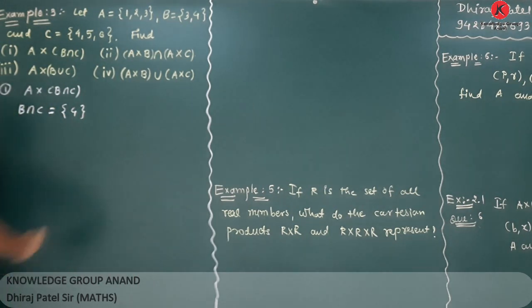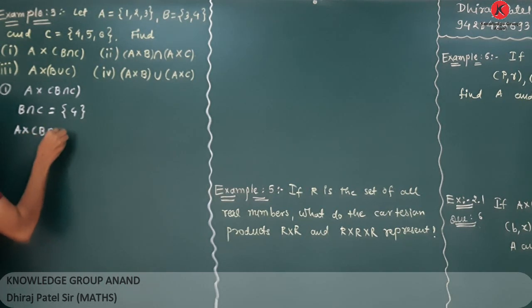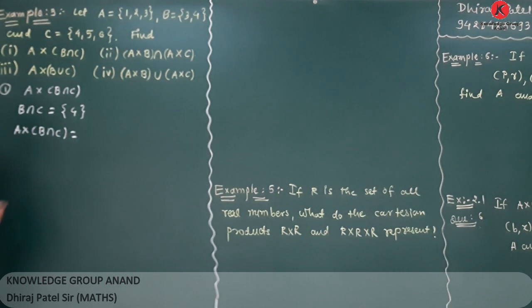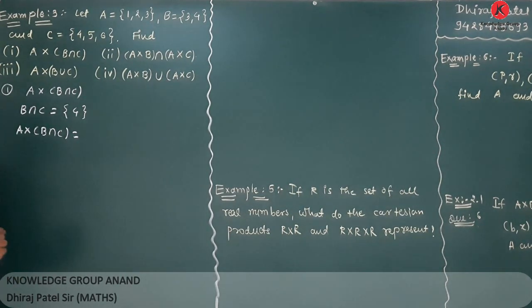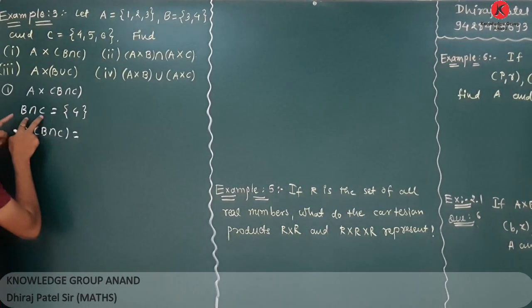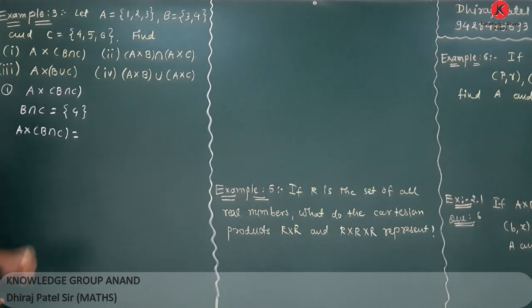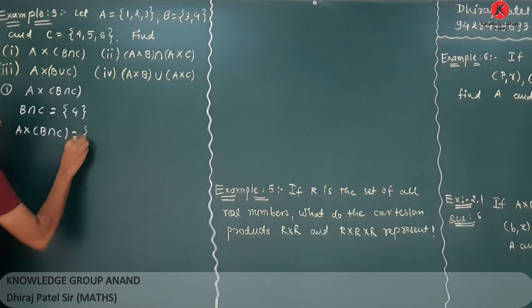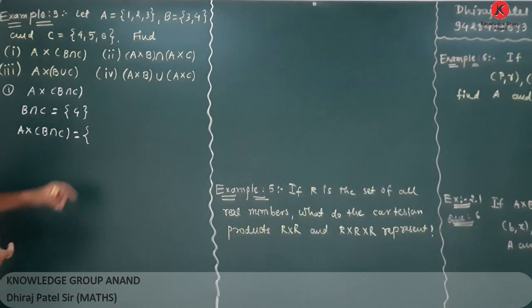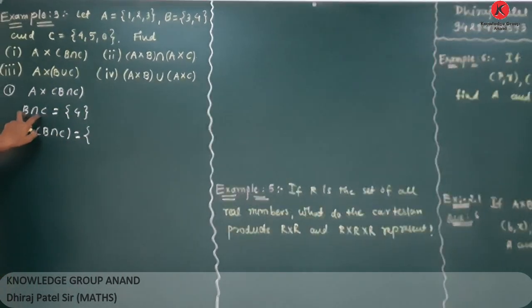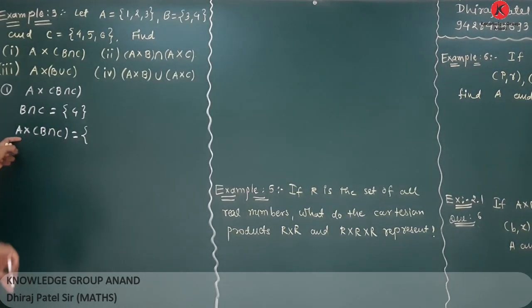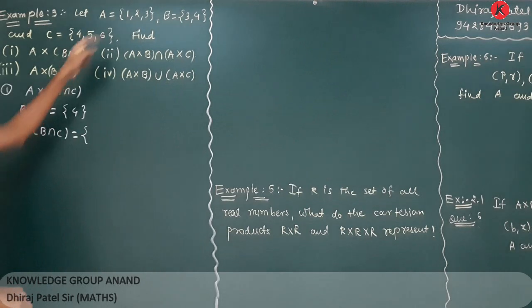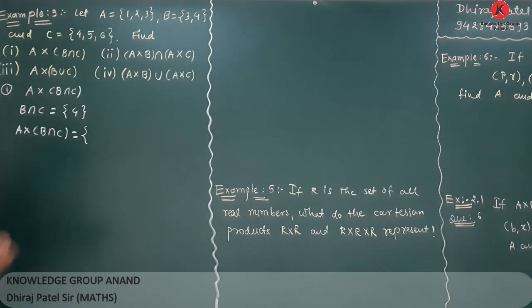Okay? Now we have to find A cross B intersection C. How can we find it? We have to obtain the Cartesian product between A and B intersection C. Therefore, write down all possible pairs made by set A and B intersection C. Here set A is first, that means after the first element it is always set A's element that must be written.